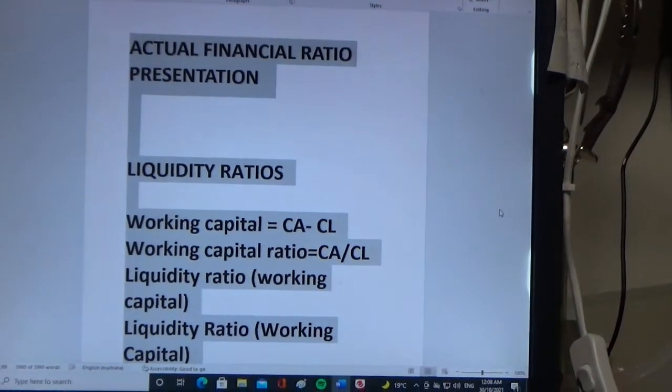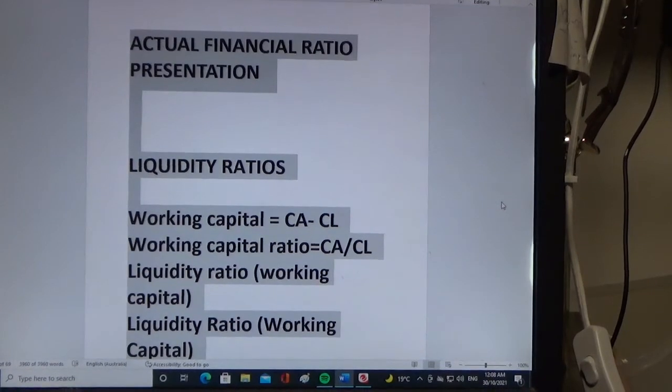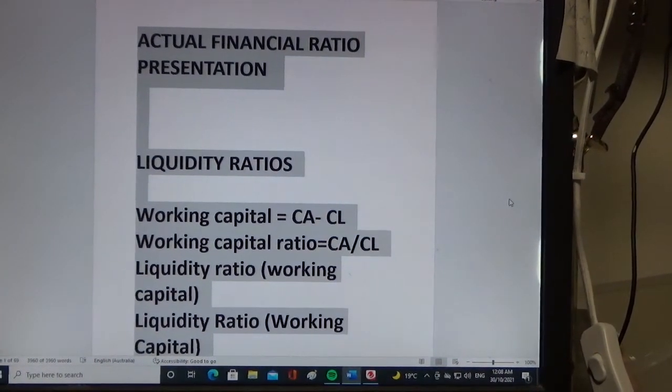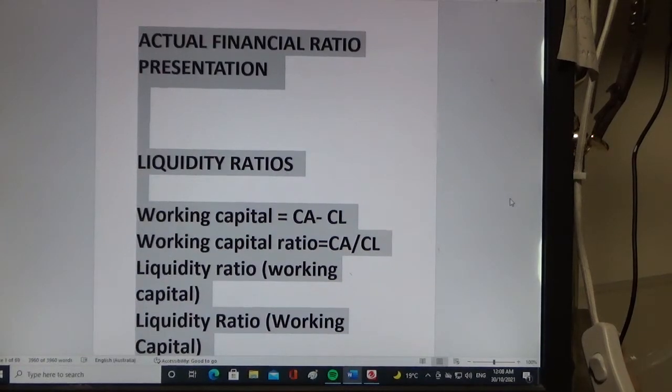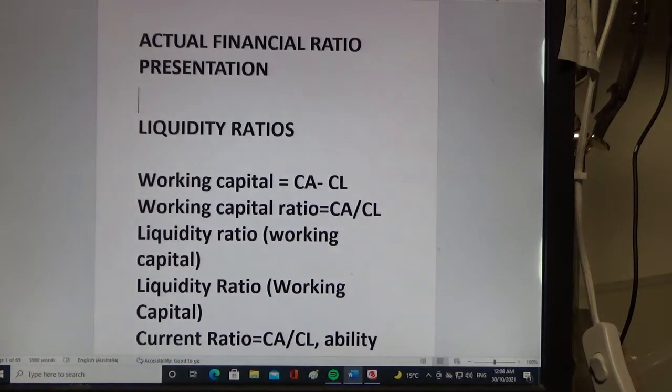With ratios, it's really important not to just know the formula, but how to interpret the ratio. Otherwise, you'll lose marks if you don't give adequate interpretation of the ratio, and that's what the lecturer is looking for, a correct formula.